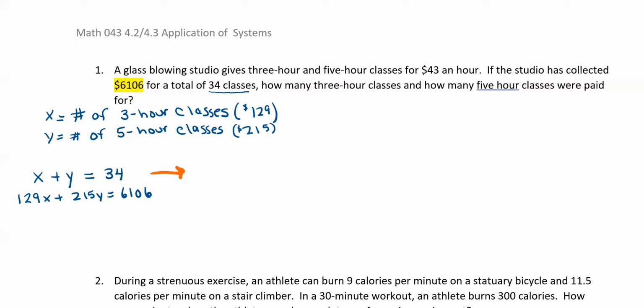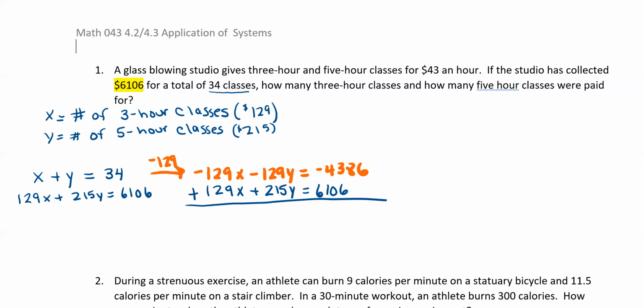But if I multiply the first equation by negative 129, I will eliminate X. So Y is equal to 20.